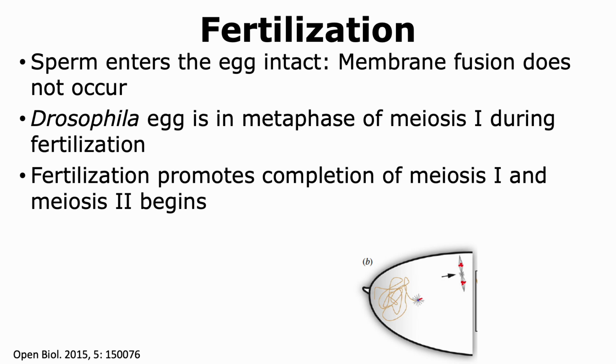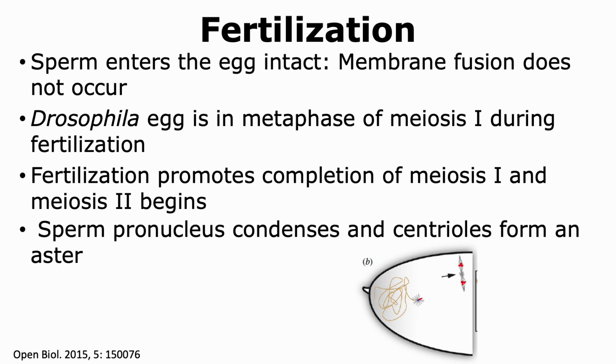Once fertilization occurs, it promotes the completion of meiosis 1. So when we look at the figure, in the blue box, we are able to see that the chromosomes are now going to their opposite ends, thus showing the completion of meiosis 1, and then meiosis 2 will begin, which is not shown in the figure.